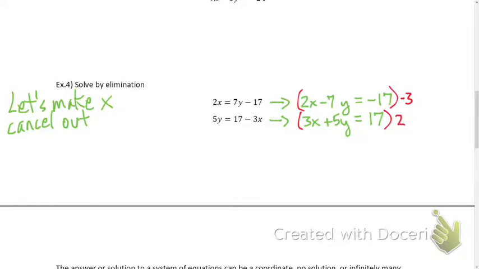So we get negative 6x plus 21y equals 51. That second equation becomes 6x plus 10y equals 34. Still not bad at all.